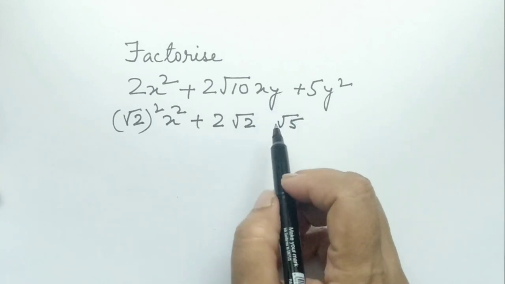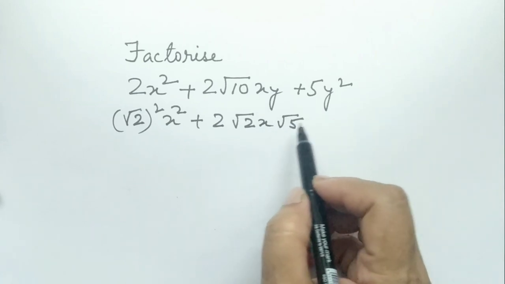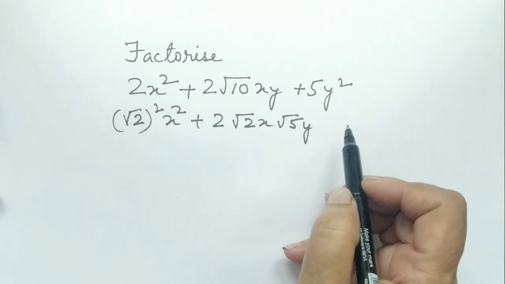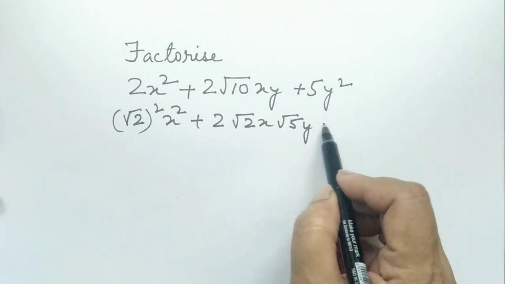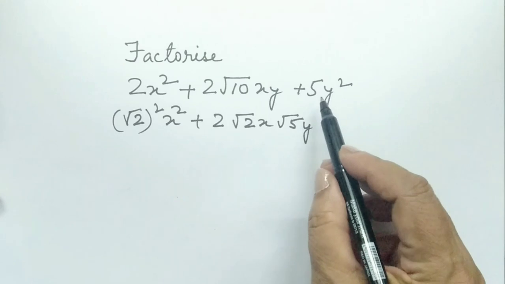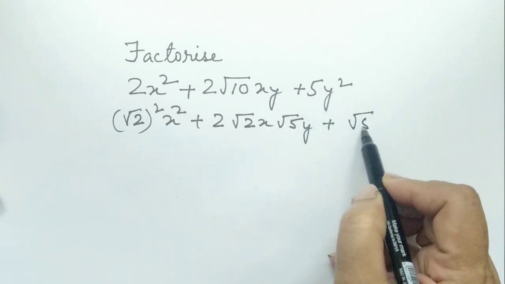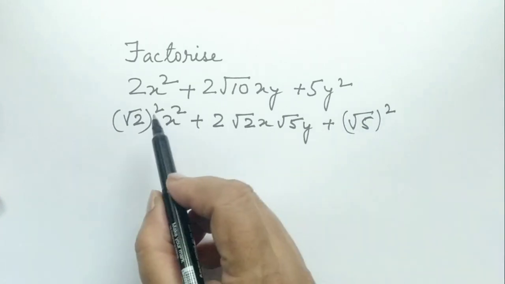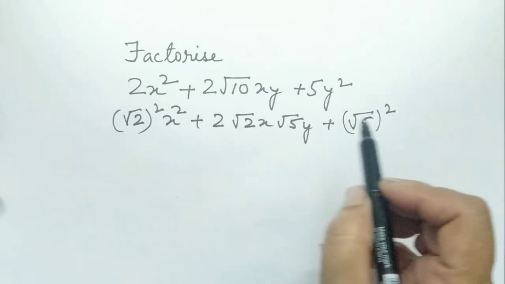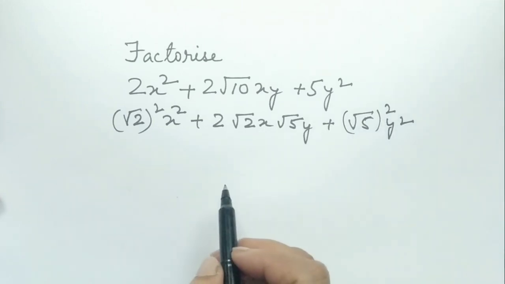Since we have x and y, so let's make x sit here and y sit next to root 5. Got it? Next is 5 is to be converted into a square. Alright? The same we did to 2 as well. And y square. Got it?